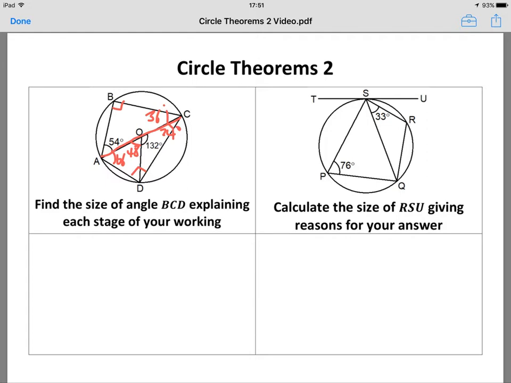That would be perfectly acceptable. Or we could just find the 48, 66 and 54 make 120, and then we've got a cyclic quadrilateral. If I do that in a different colour, cyclic quadrilateral here, where the opposite angles add up to 180, don't they? So either of those would be absolutely fine.